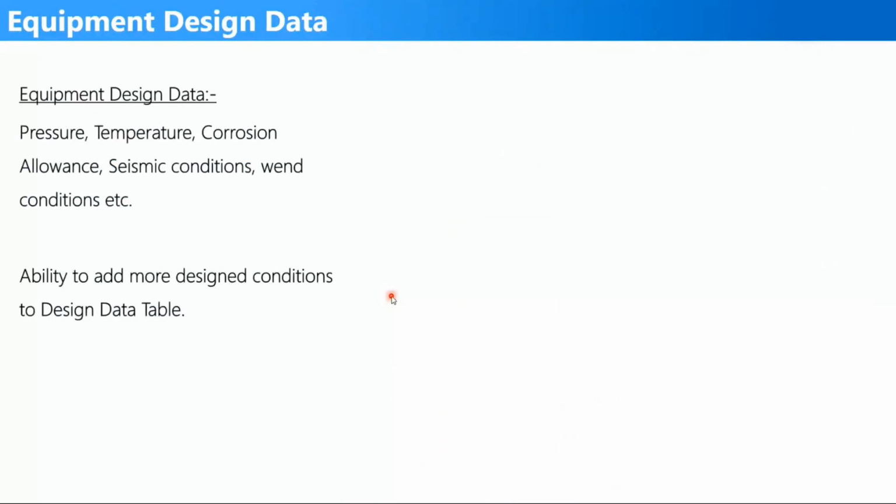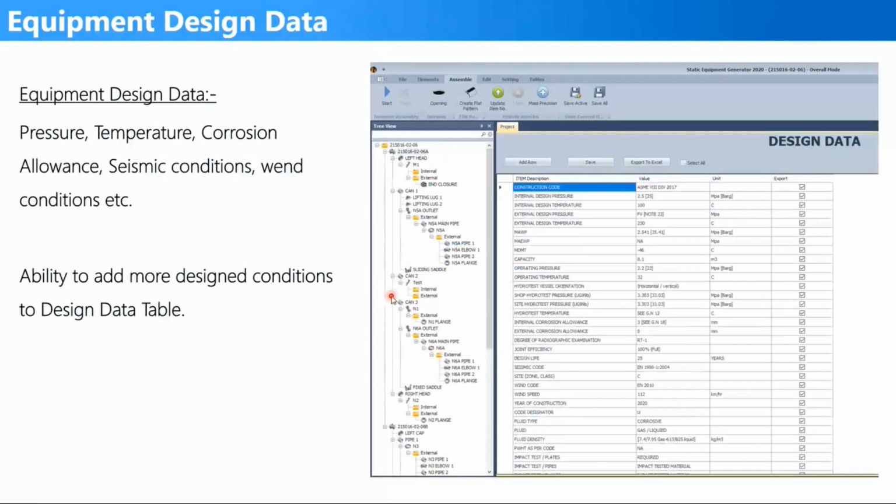The equipment design data, you can modify the equipment design data, and we will discuss that during the session of today, inshallah. And when you select the vessel node from the tree, you will be able to define the design data of this equipment, like the construction code, internal design pressure, internal design temperature, and more.